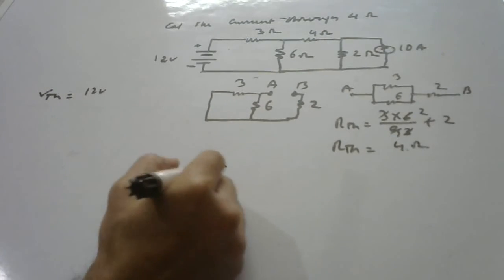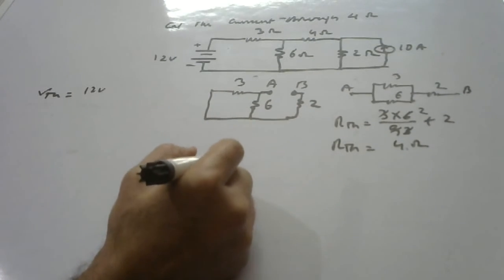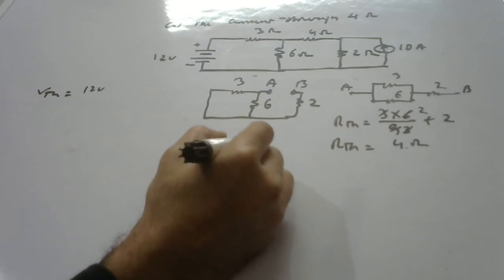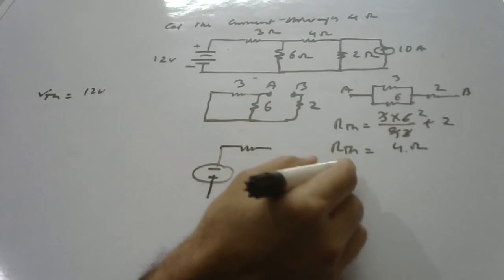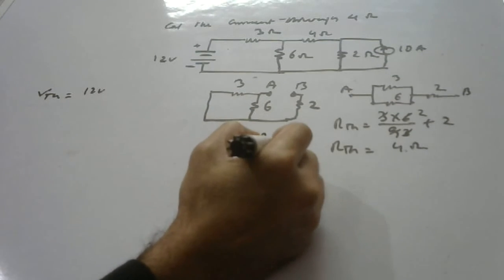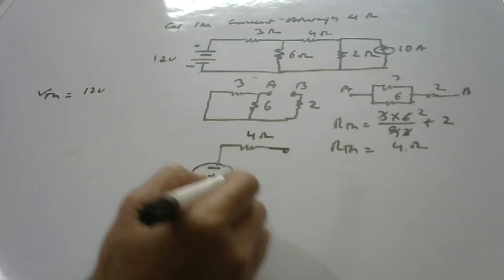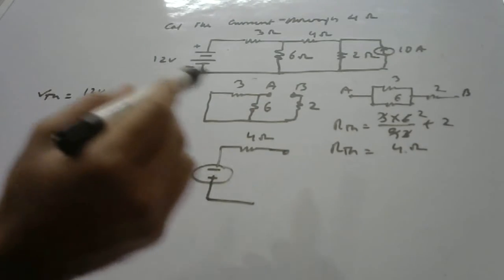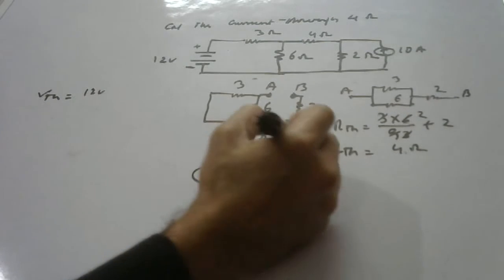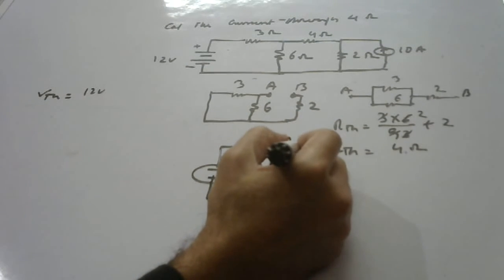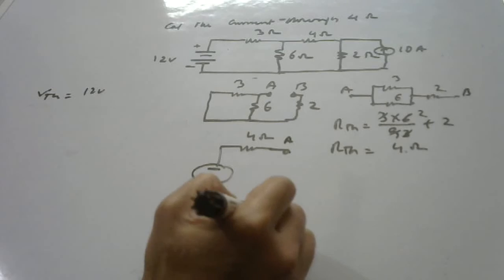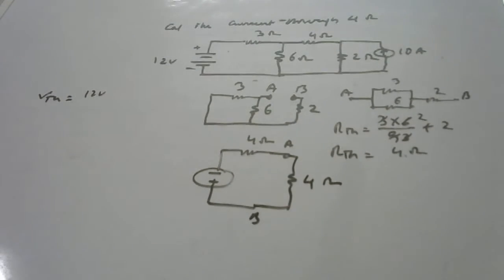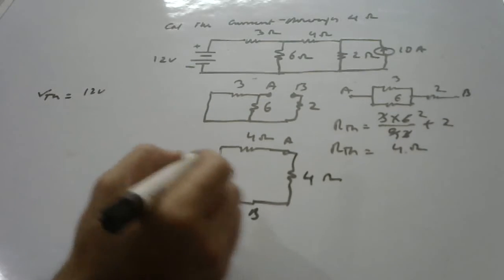Now we write like this: negative, this is positive. This is the RTH 4 ohm and this is the load. We connect the load now. Since voltage is 12 volt from B to A, we write like this: this is A and this is B. We connect the resistance of 4 ohm here, and this is 12 volt.